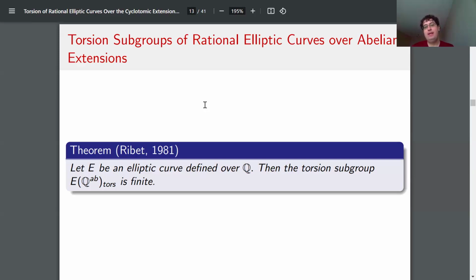He proved that if E is over Q, then the torsion subgroup over the maximal abelian extension of Q is finite. And his result is actually deeper. He proves this for all abelian varieties defined over Q. But it is very promising. We know the torsion has finite order, but still this order can be arbitrarily large. So he didn't put a bound on this.